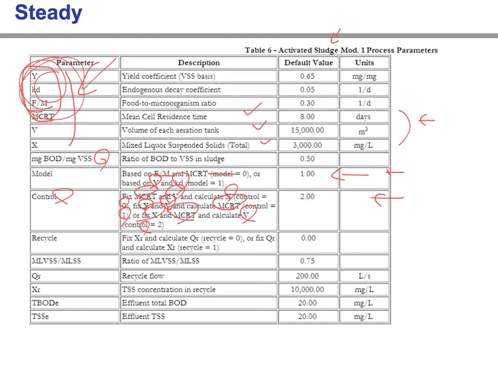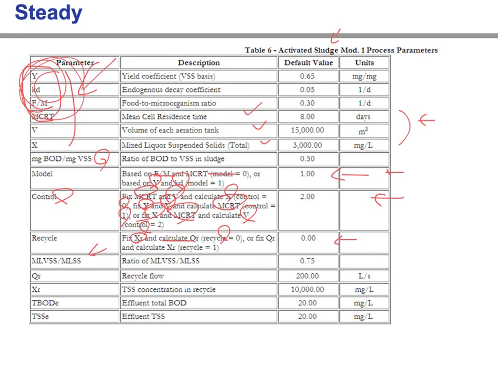Sometimes we need to determine the recirculation rate. If we fix the MLSS for the recirculated stream and calculate the recirculation flow rate, we use recycle 0, or we can determine the MLSS for the recirculated stream by fixing the recirculation flow rate.